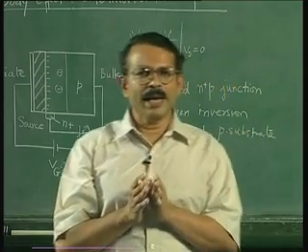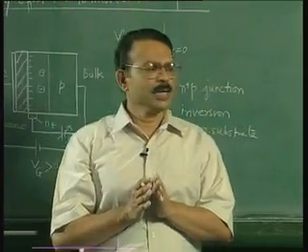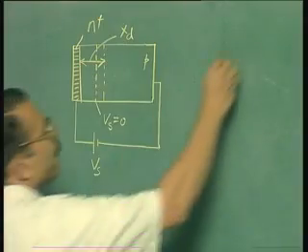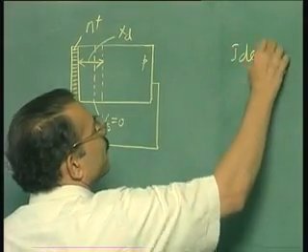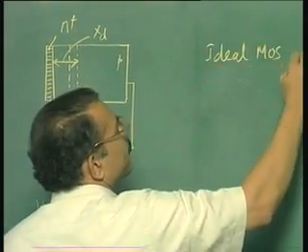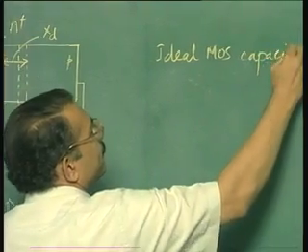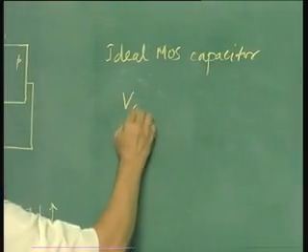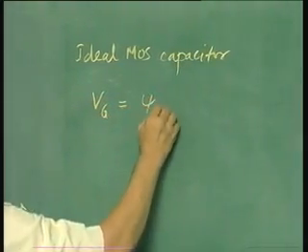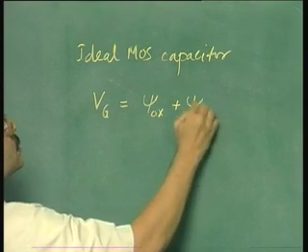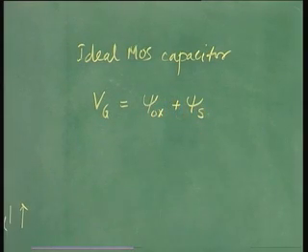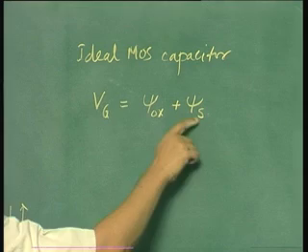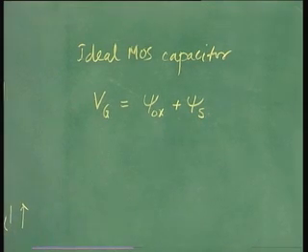So if you assume an ideal MOS capacitor, then we can write Vg is equal to psi ox plus psi s: the potential drop across the oxide and the potential drop across the semiconductor.